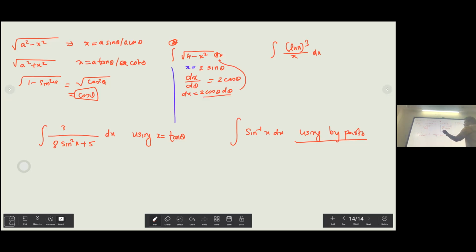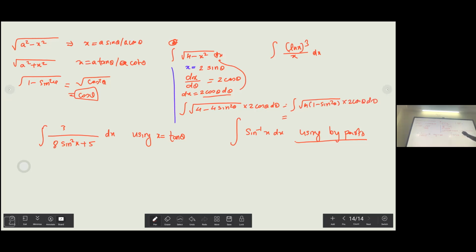As a result of this, it will become root of 4 minus 4 sine square theta into 2 cos theta d theta. If you simplify this, the integration will be root of 4 outside, 1 minus sine square theta, and into 2 cos theta d theta.